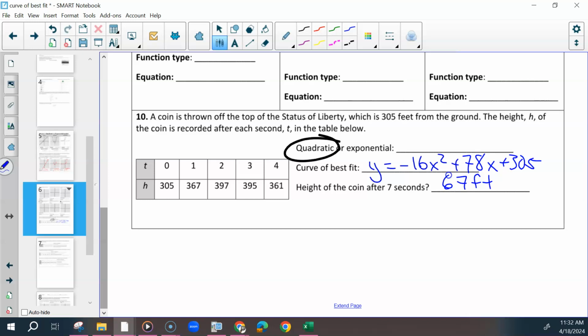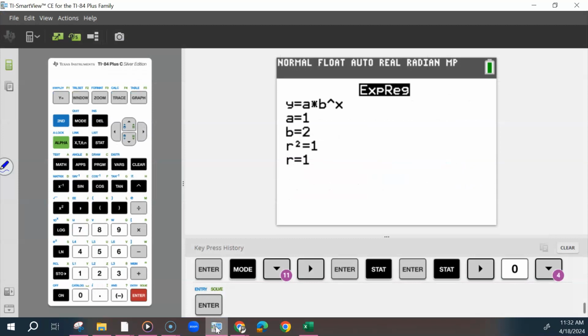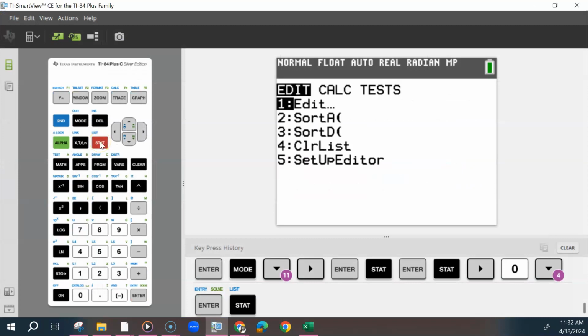Yes, how'd you find it? Like on the calculator. So I have to put these back in first.